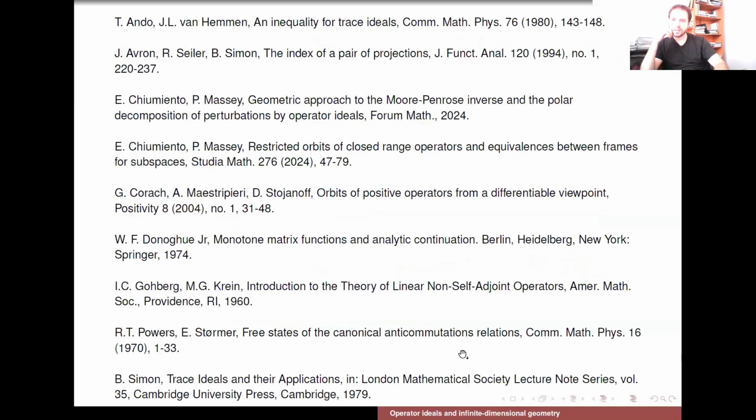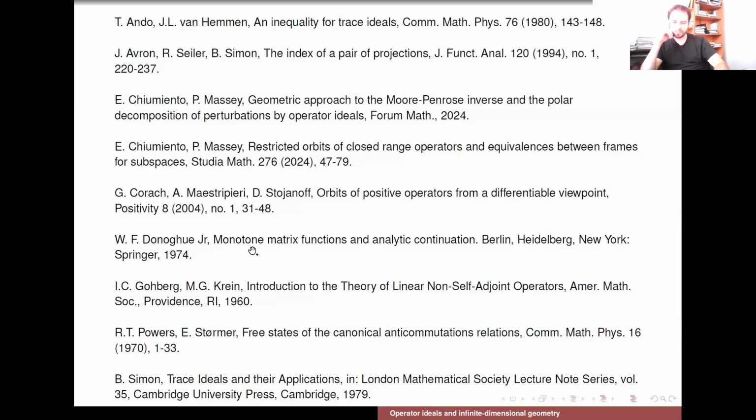So I finish here, giving some references: the paper of Ando and van Hemmen; the work about the index of pair of projections by Avron, Seiler, and Simon. This lecture was based on these two works with Pedro Massey, and here the work by Corach, Maestripieri, Stojanoff.